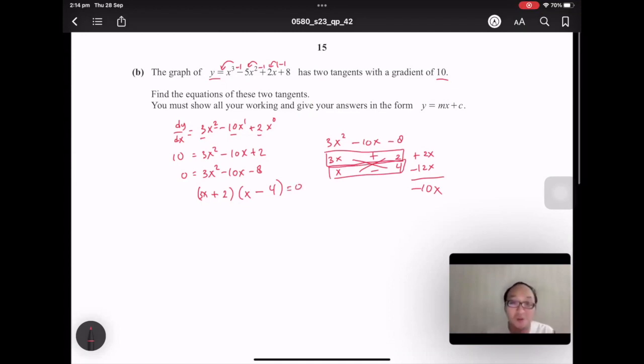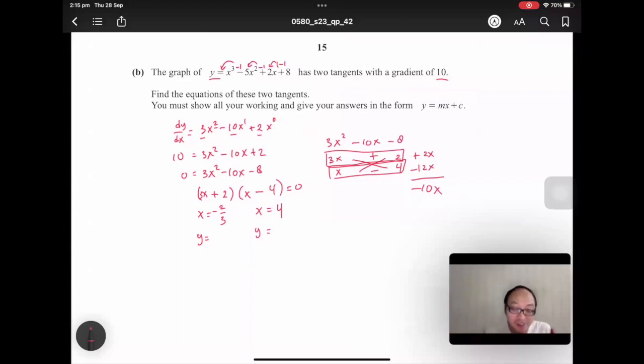So that means there are two coordinates where the gradient is 10. So this one is x equals negative 2 over 3, and this one is x equals 4. And then find the y value.